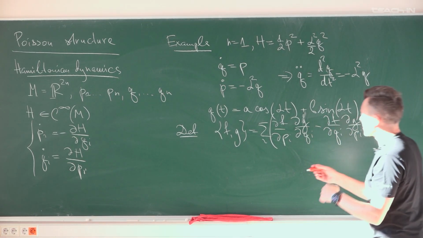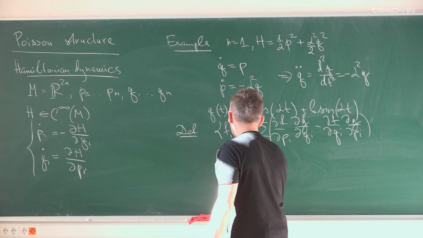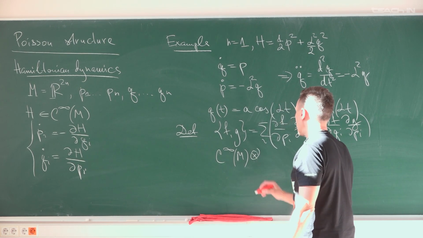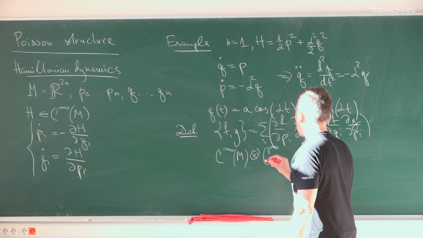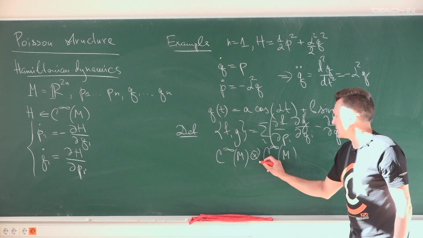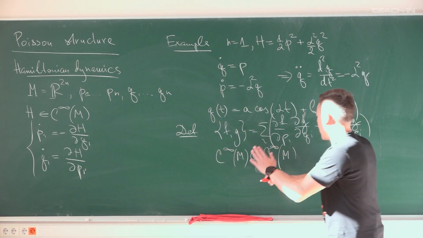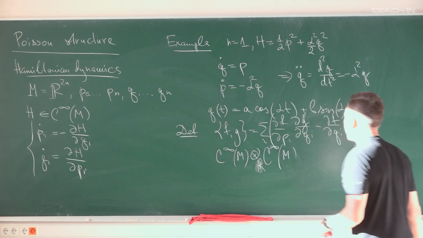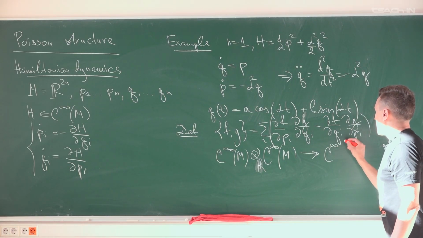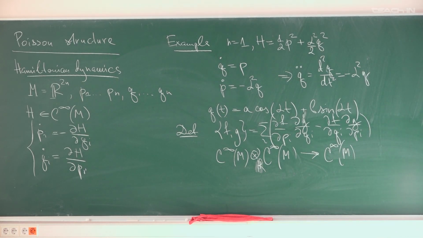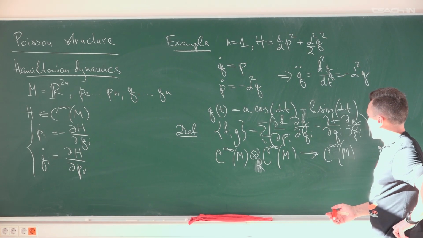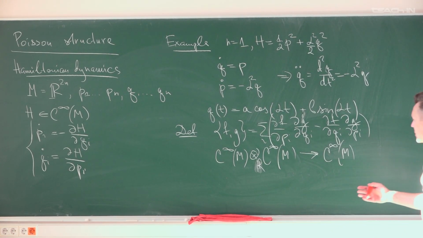This is an operation which sends a pair of functions, I'd like to write here the tensor product of modules over R, our field, to the same ring or the same algebra. And what can we say about it?